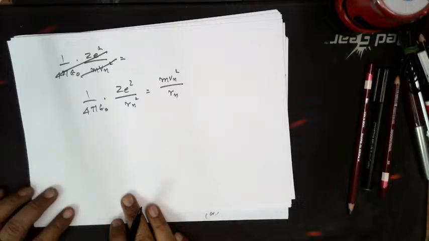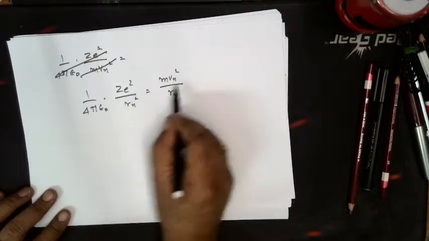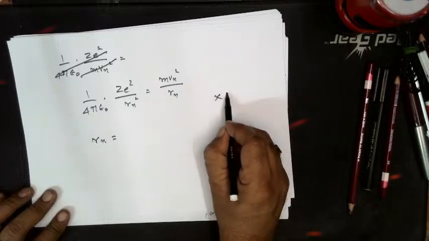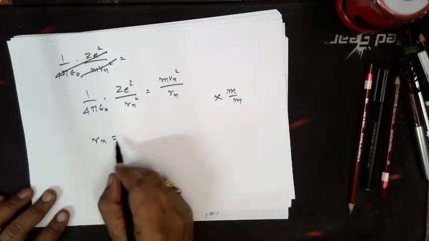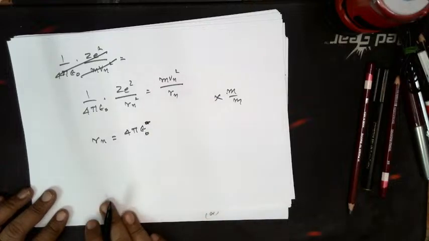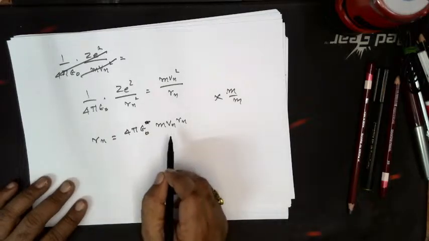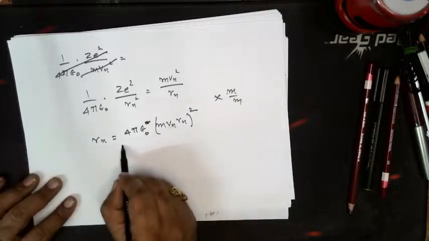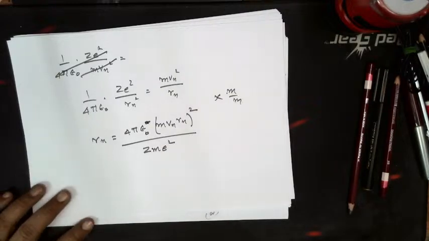Now multiply and divide by m here, so that you are able to get it. Multiplying and dividing by m, the m is cancelled and you can bring this. Are you able to follow? Yes, sir. So Rn is equal to 4 pi epsilon naught into m Vn Rn whole squared, divided by Z m e squared.